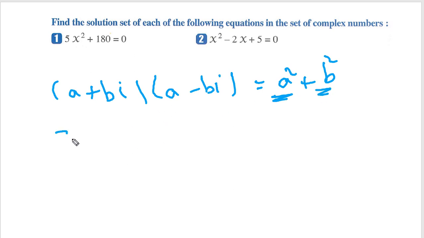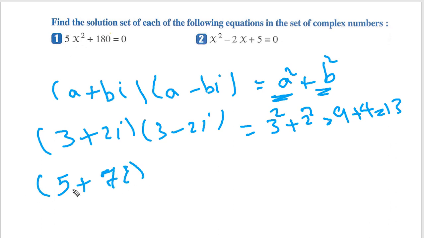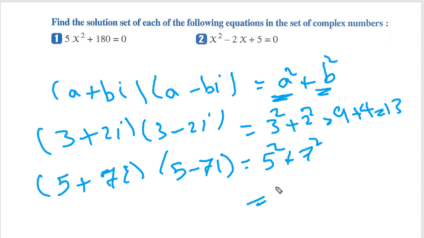For example, 3 plus 2i times 3 minus 2i, the number times its conjugate, will be 3 squared plus 2 squared. It will be 9 plus 4, which is 13. Okay, 5 plus 7i times 5 minus 7i will be 5 squared plus 7 squared. It will be 25 plus 49.